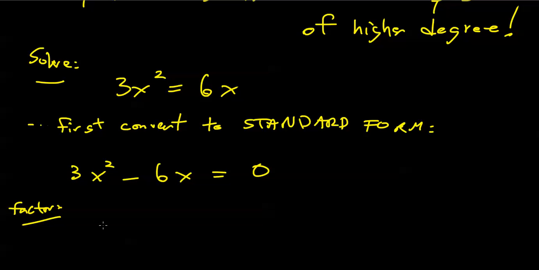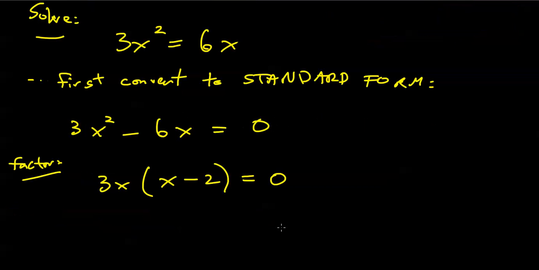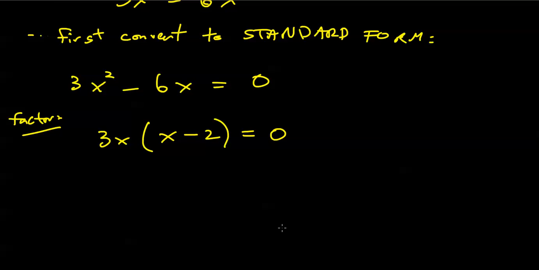Well, there is a GCF of 3x in this equation on the left hand side, so I'm going to factor out a 3x, and I'll have the remaining expression 3x times x minus 2 equals 0. Alright, what I'm going to do now is invoke my zero product rule.